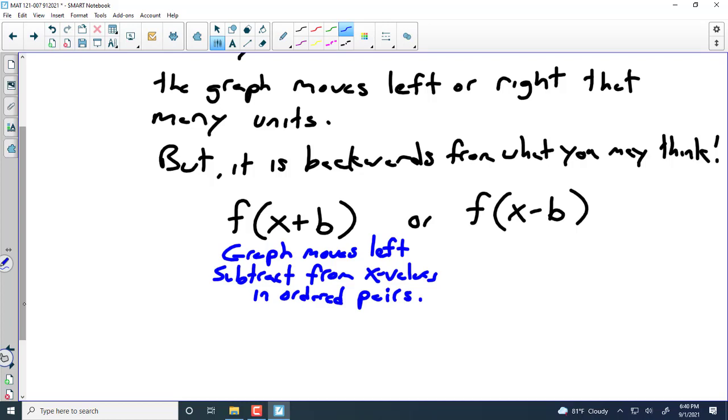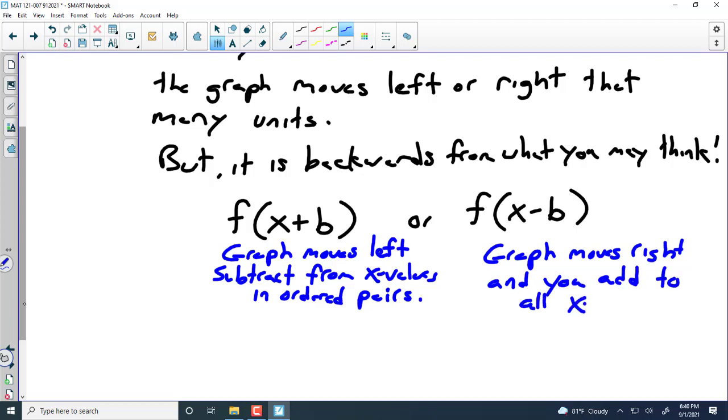If it says minus, the graph moves right, and you add to all the x values. This is how we move a graph left or right.